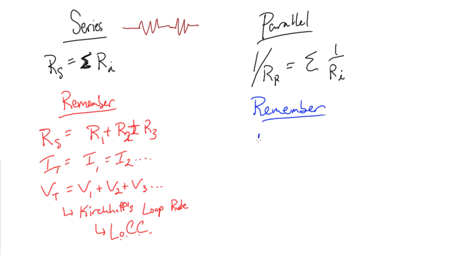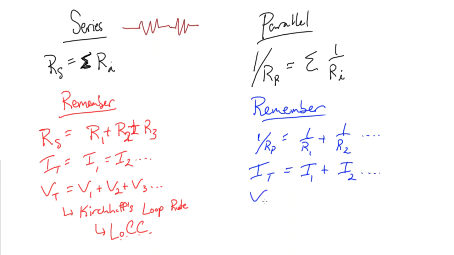I would remember the inverse additive, so 1 over resistors in parallel equals 1 over R1 plus 1 over R2, and so forth. This means your current is no longer constant, but your current is now additive. So I1 plus I2, and so on. Your voltages, however, are constant. And so voltage 1 equals voltage 2, and so on.